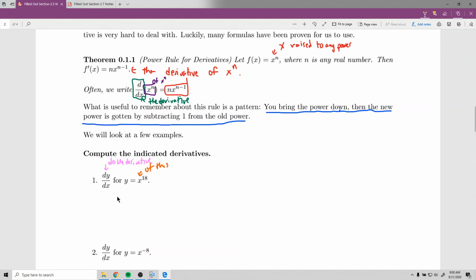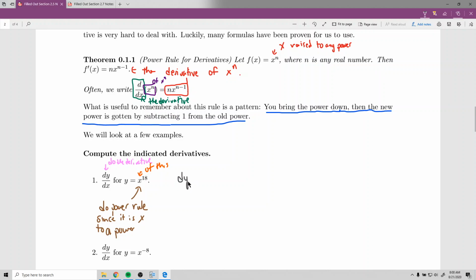It's because it's x raised to a power. Even though this is the only rule we have so far, it's good to start by noticing what rule we should use. If it takes on any other form, then we'll have different rules for that.